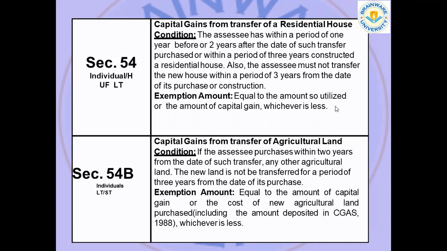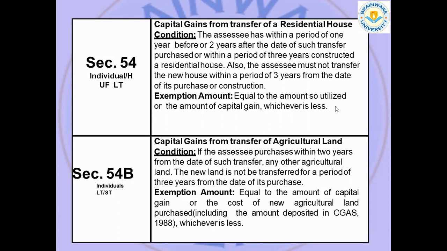Now, if he wants to purchase a property, which may be agricultural land, some ornaments, some bonds, or another house property, then he can deposit that capital gain in a capital gain deposit account in any nationalized bank.